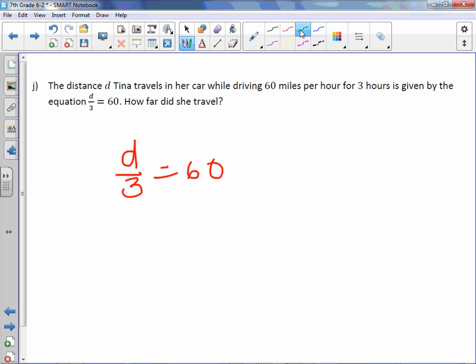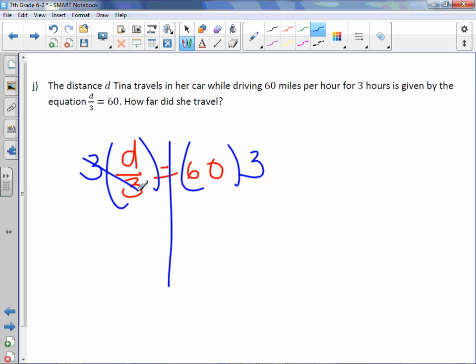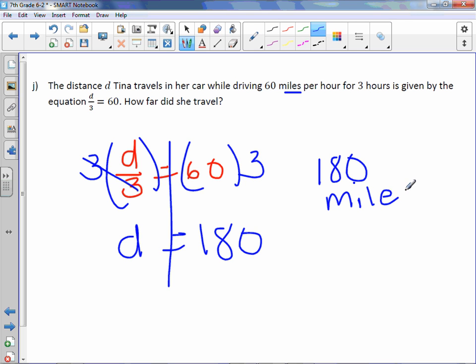How far did she travel? So what I would do is I would multiply both sides by 3. D equals 180. We are talking about miles, so 180 miles.